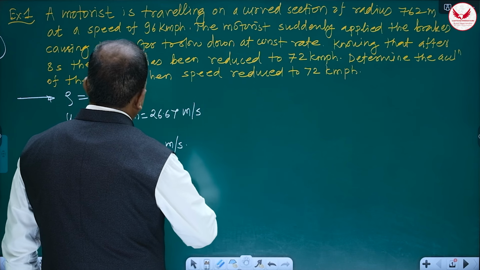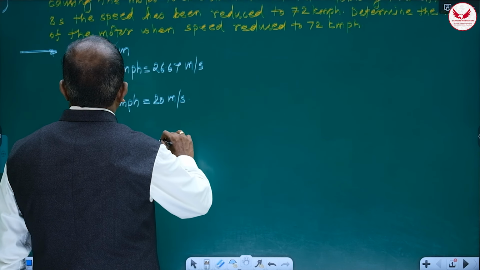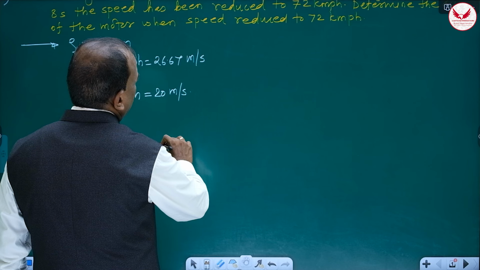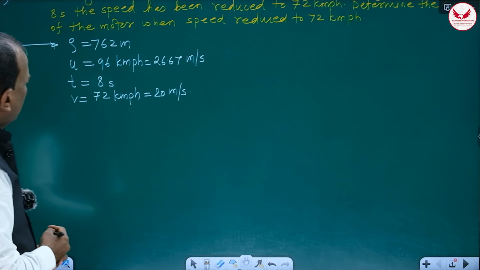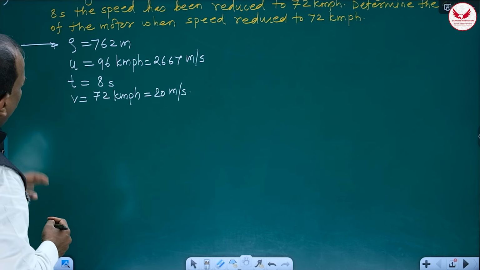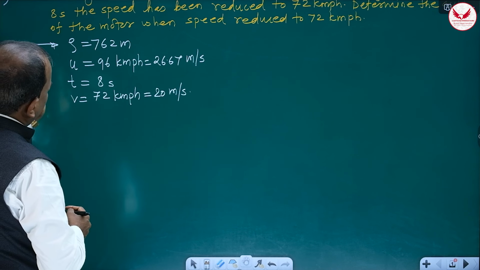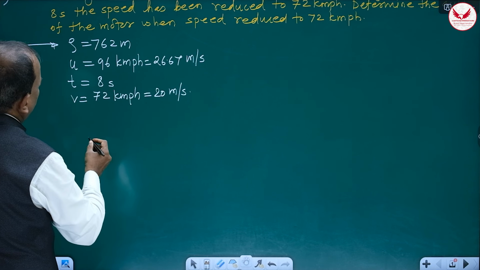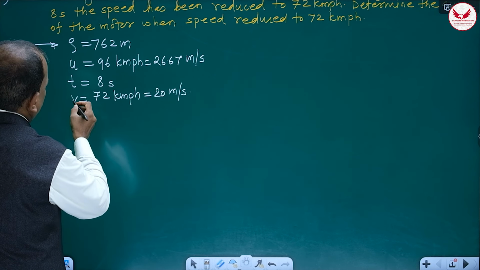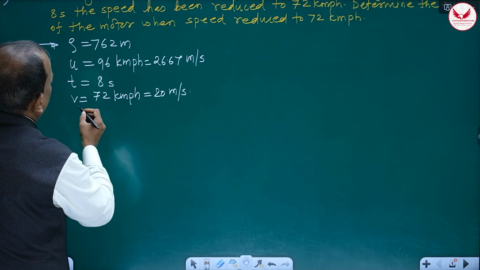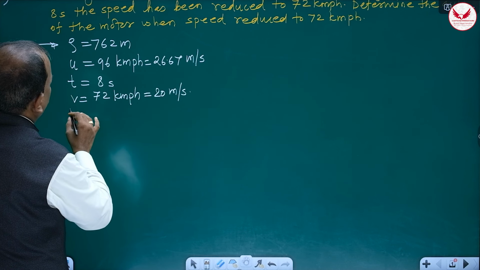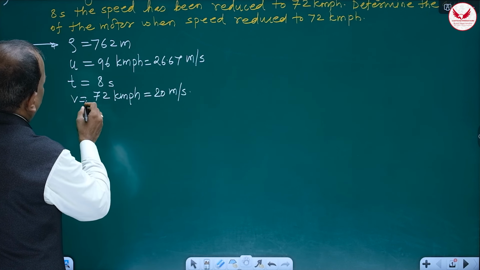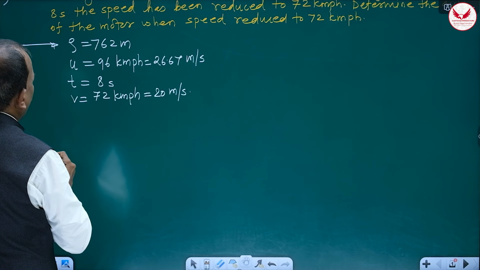Then see how we can solve this example. See that along the curved path, acceleration is constant. Hence, easily we can use this equation. Radius of curvature is mentioned. Final velocity is there. Initial velocity is there.